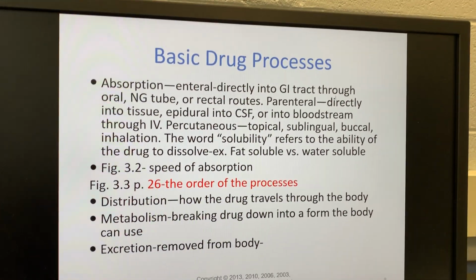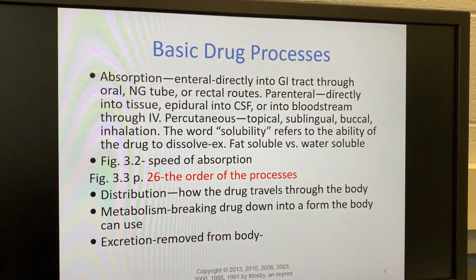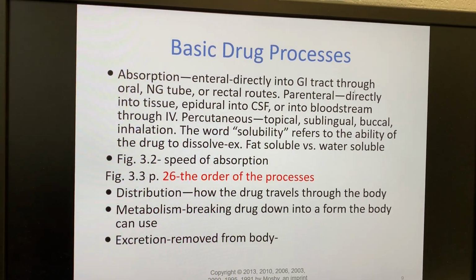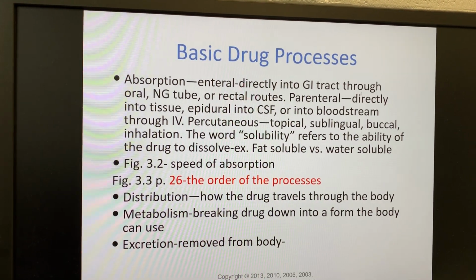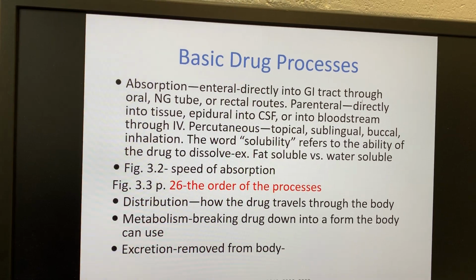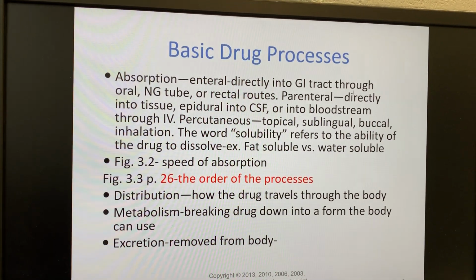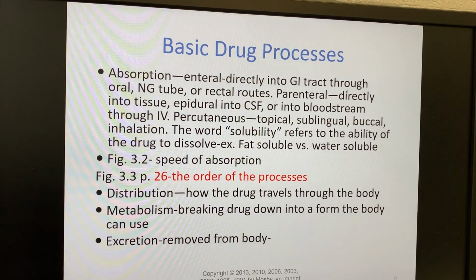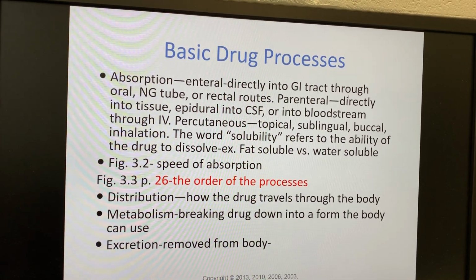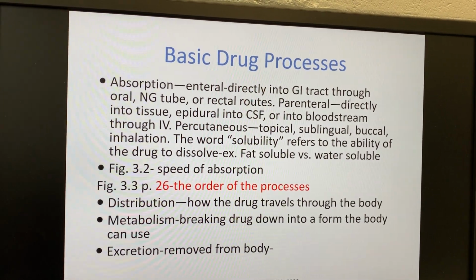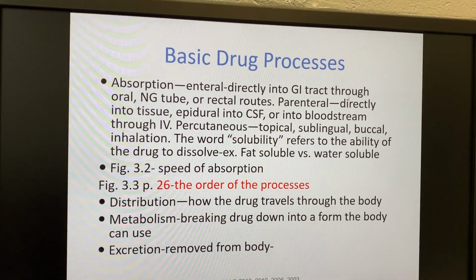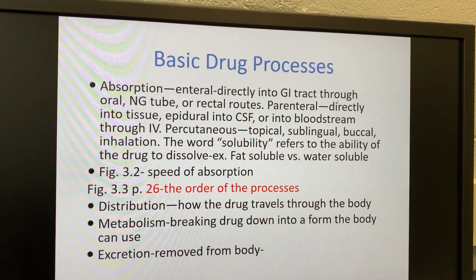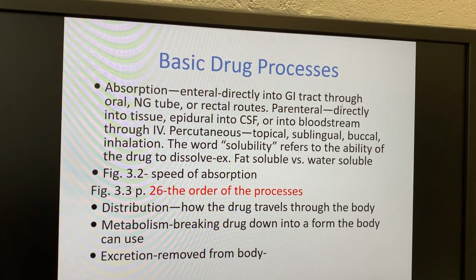Now, there are 4 basic drug processes that are in play whenever we take any kind of medication or any kind of drug. And those processes are absorption, distribution, metabolism, and excretion. We already talked about how drugs are introduced into the body in chapter 4. We talked about the enteral route.